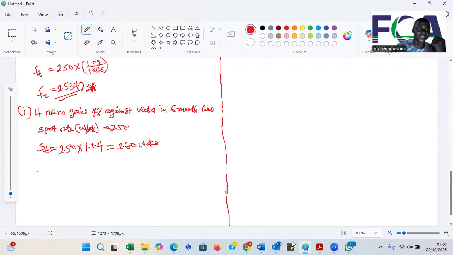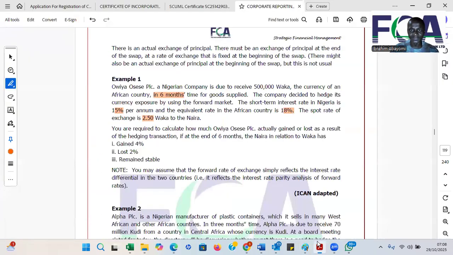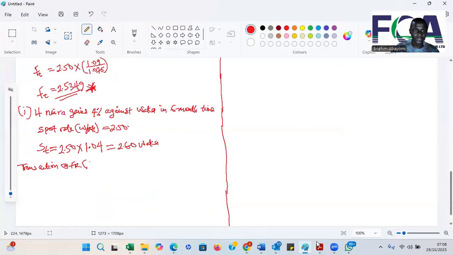So it therefore means that the transaction at forward rate FR, what's our exposure? How much are we receiving? We are meant to receive 500,000.